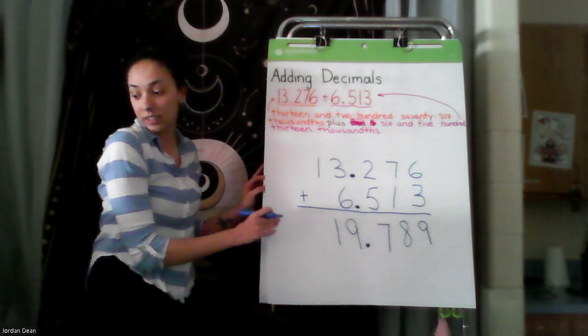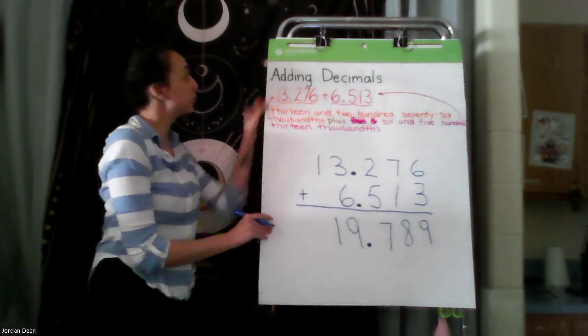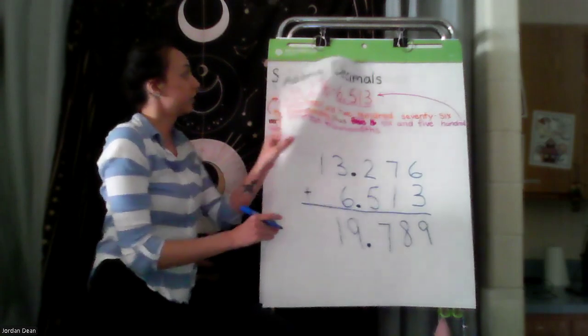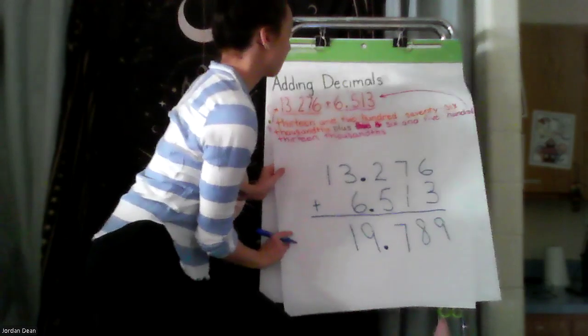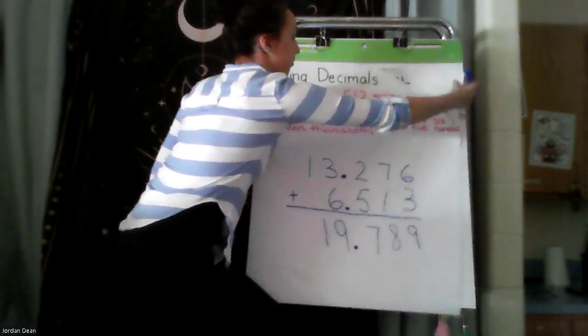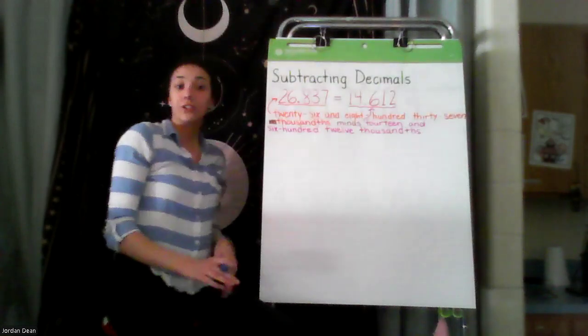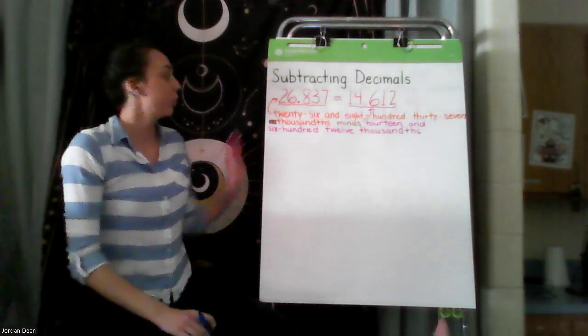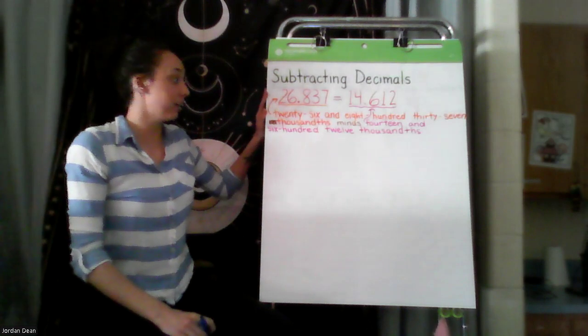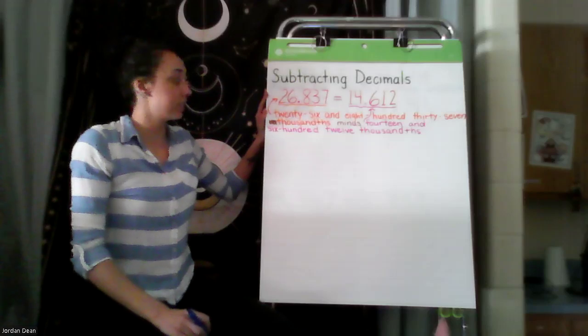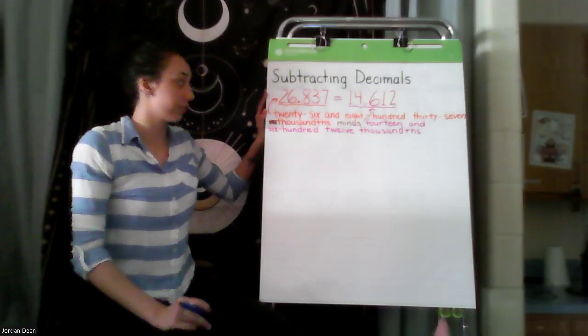Now we'll practice this same skill again, but with subtracting decimals. So for our subtraction problem, we have 26 and 837 thousandths minus 14 and 612 thousandths.